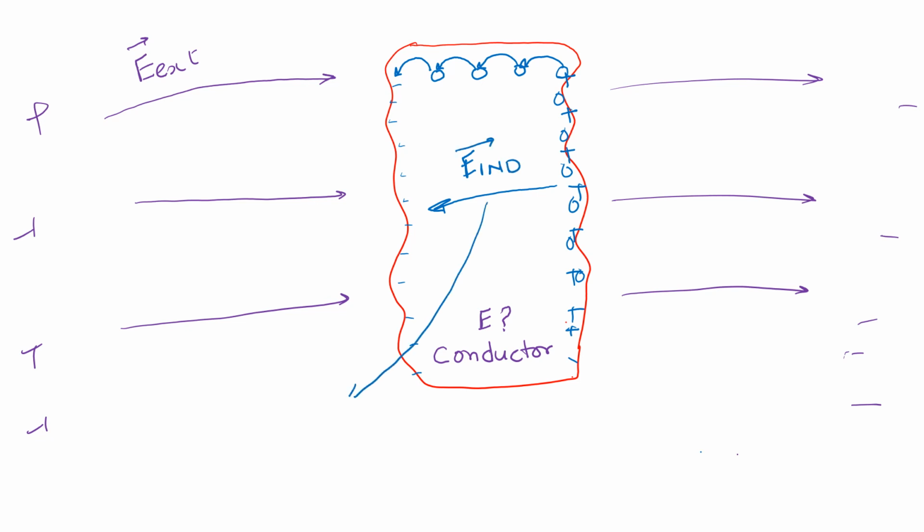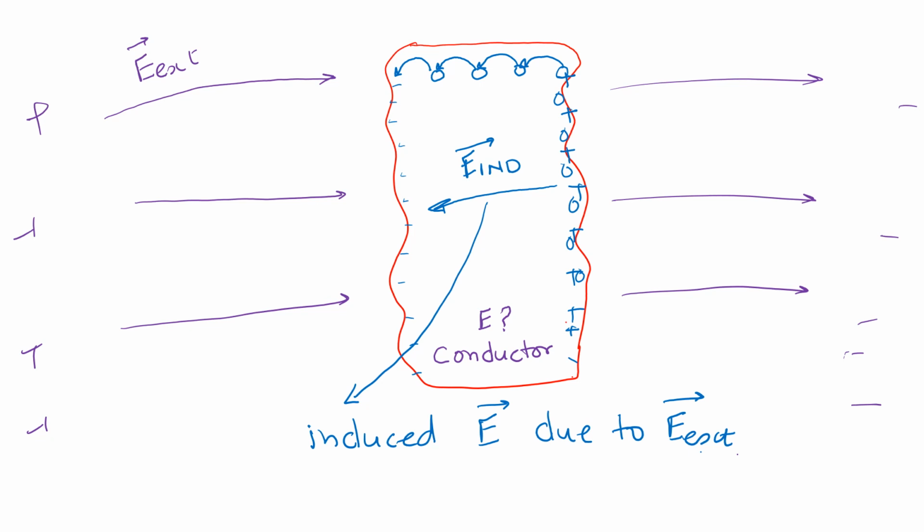So this is an induced electric field due to E external. If I remove the external field, if I remove the charges which were creating that external field, the conductor will go back to its original rest state and nothing exciting would happen.